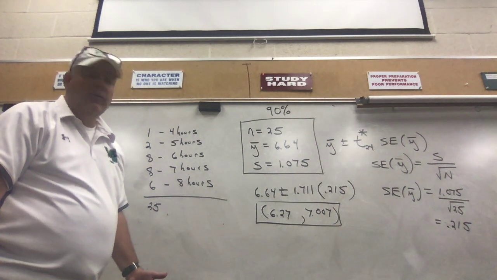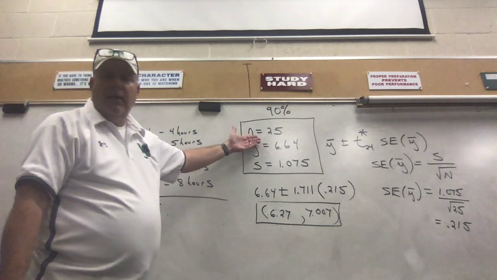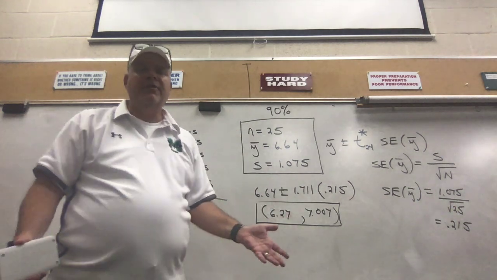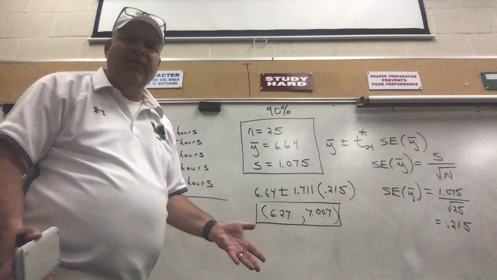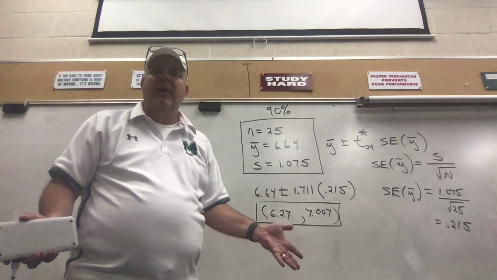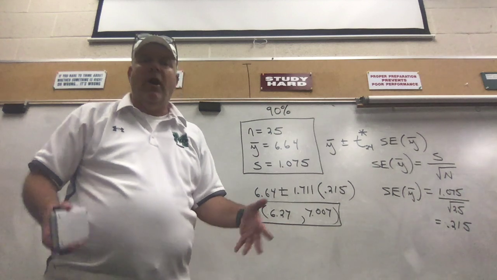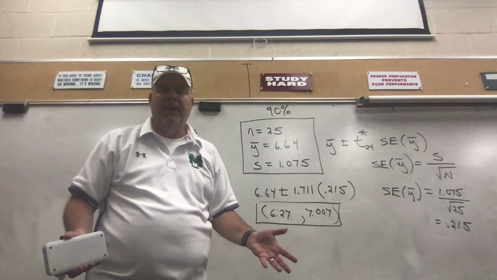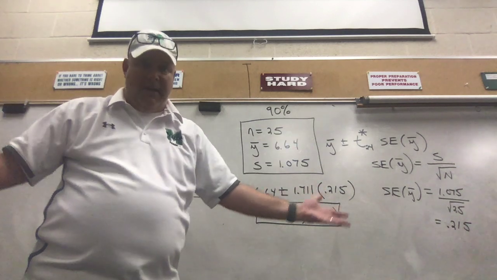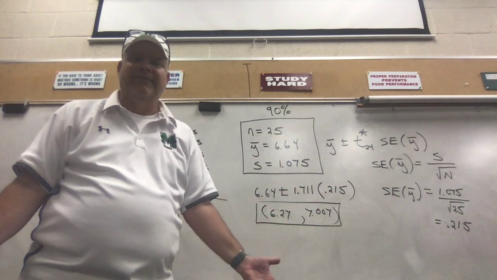Now the goal of inference is to take a sample of 25 and apply it to the larger population. But the larger population in this case would only be students at this college. If I wanted to make a conclusion about all college students, then I would have to have a sample from many different colleges.